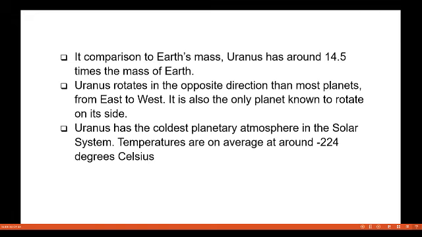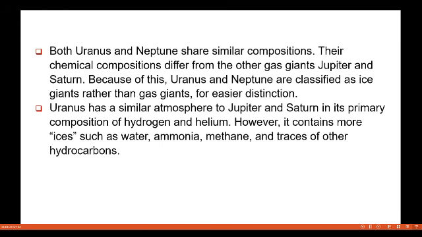Uranus rotates in the opposite direction to most other planets, from east to west. It is also the only planet known to rotate on its side. Uranus has the coldest planetary atmosphere in the solar system, and the temperature averages about minus 225 degrees Celsius.